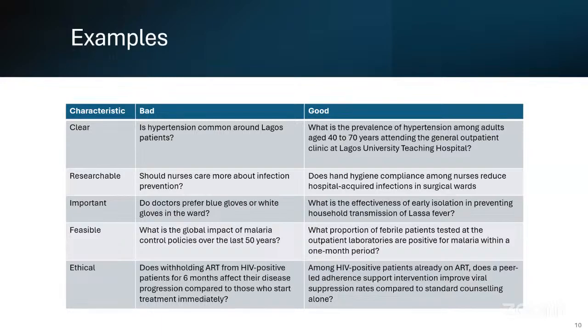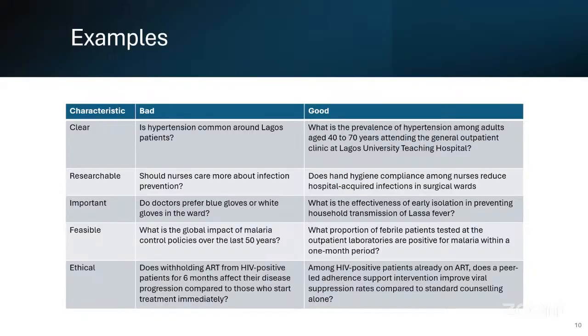If I frame my research question as this, is hypertension common around Lagos patients? That question is not clear. What do you mean by is hypertension common? Are you talking about the prevalence? Are you talking about the incidence? If you are saying, is it common around Lagos patients?